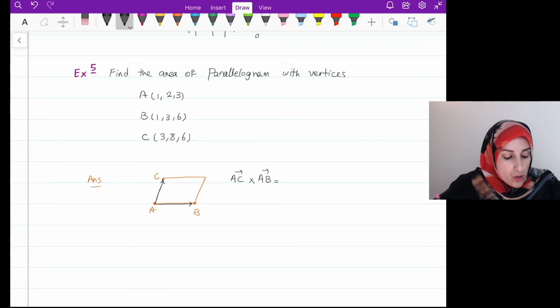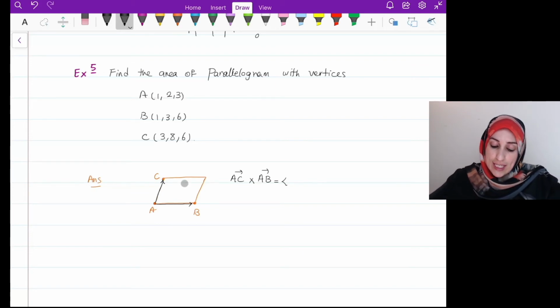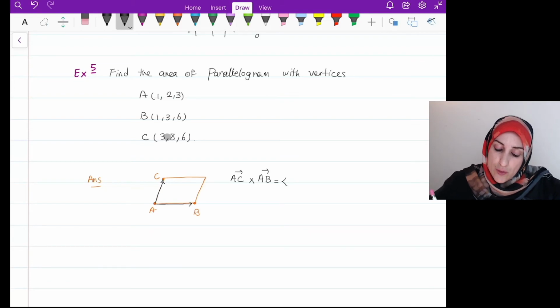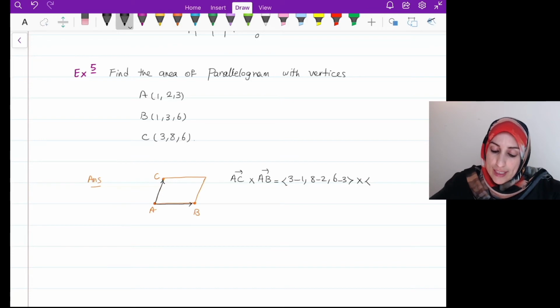AC is the coordinates of C minus the coordinates of A, so it would be 3 minus 1, 8 minus 2, and then 6 minus 3. And then the cross product with AB, the coordinates of B minus the coordinates of A, so 1 minus 1, 3 minus 2, and 6 minus 3.